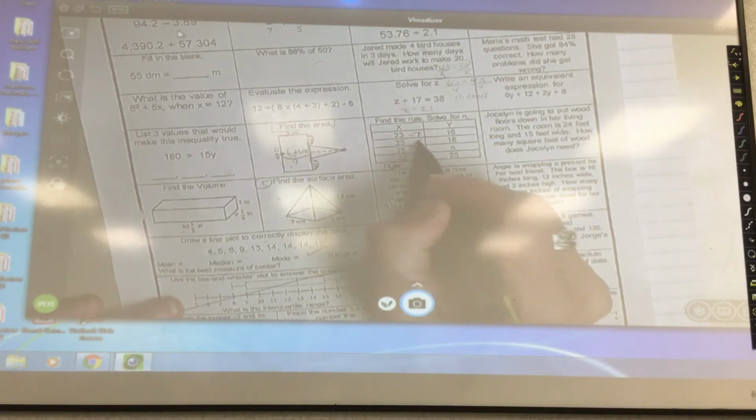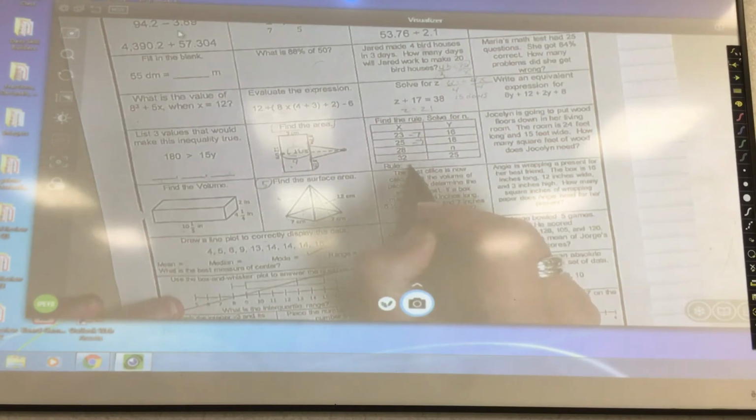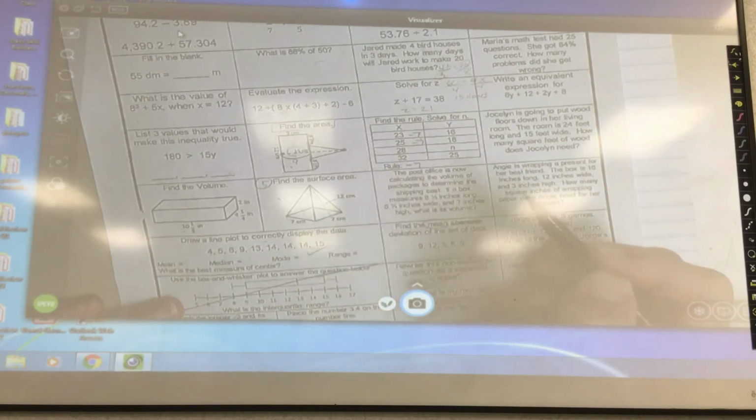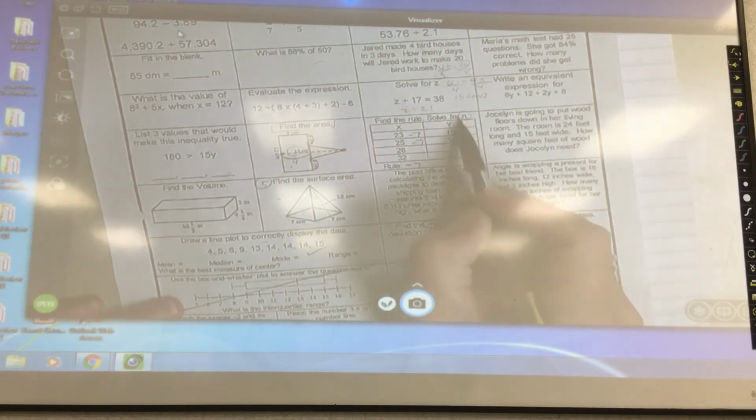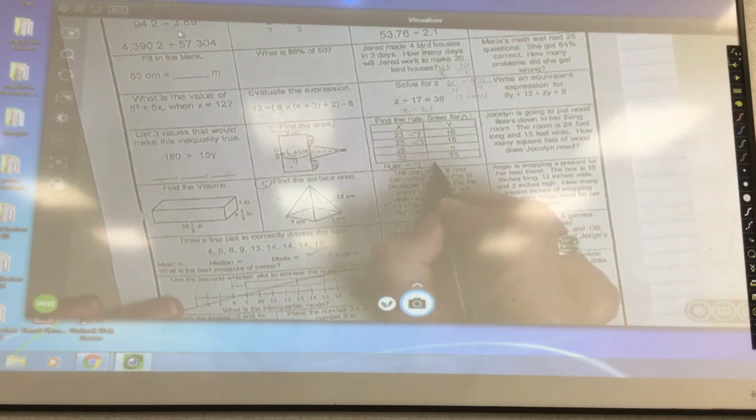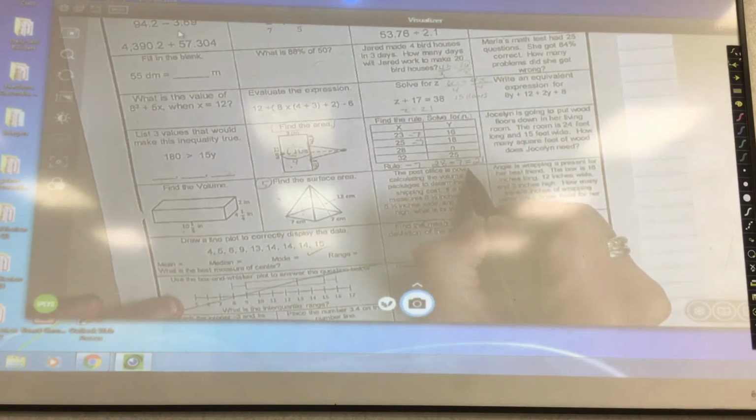Yes. Okay. So right here where the rule is, I can just say the rule is minus 7. Then to solve for n, I just take 28, and I can just show this right on this paper because it doesn't take much work. Minus 7 equals 21. So then rewrite it though, n equals 21.